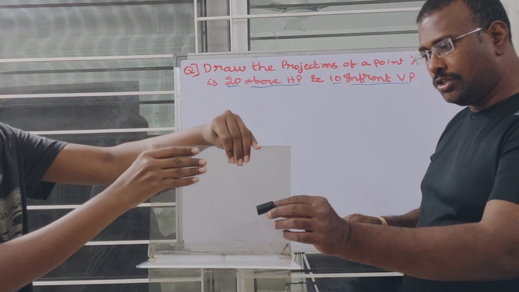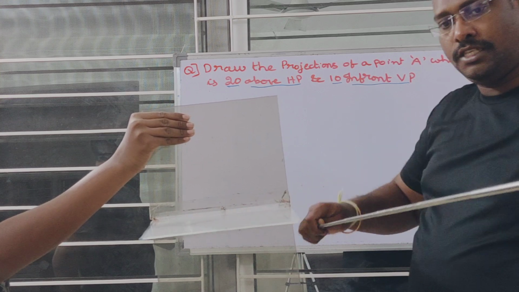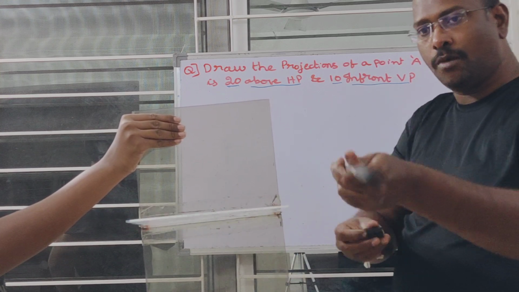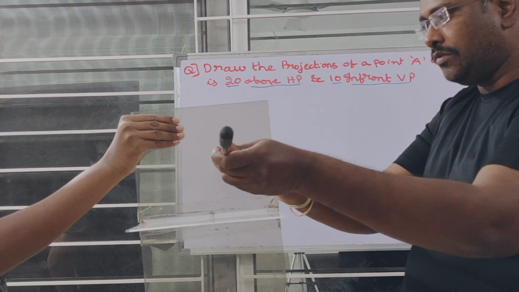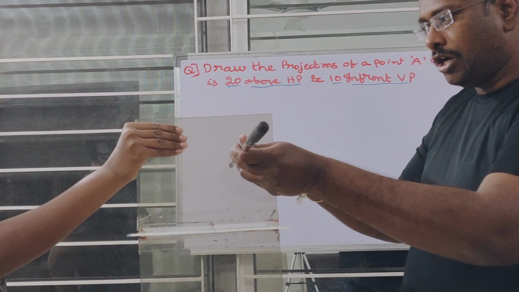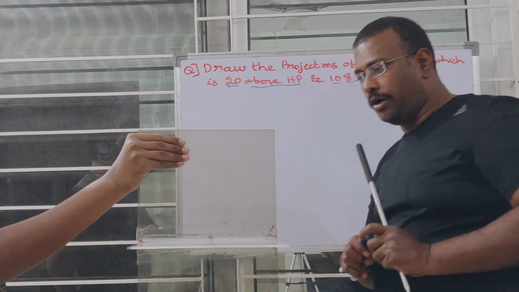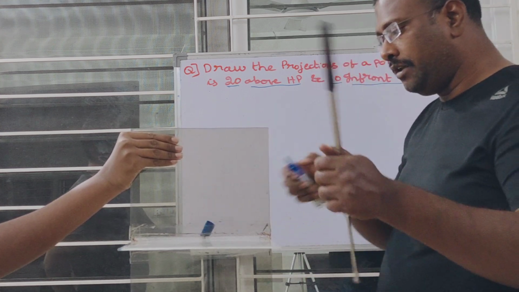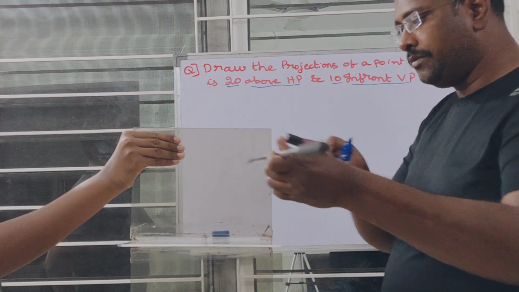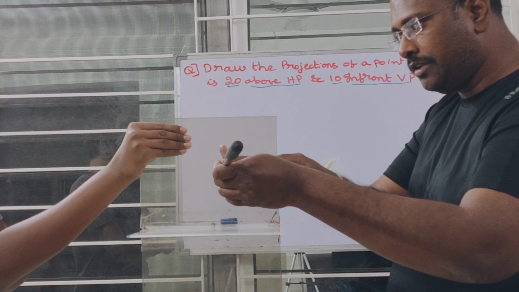So if an observer is here, the ray is coming like this. This is the ray coming from the observer. It will touch this point and fall here. The front view shadow will fall here. So this is the point, this is the ray, and the shadow will fall here.